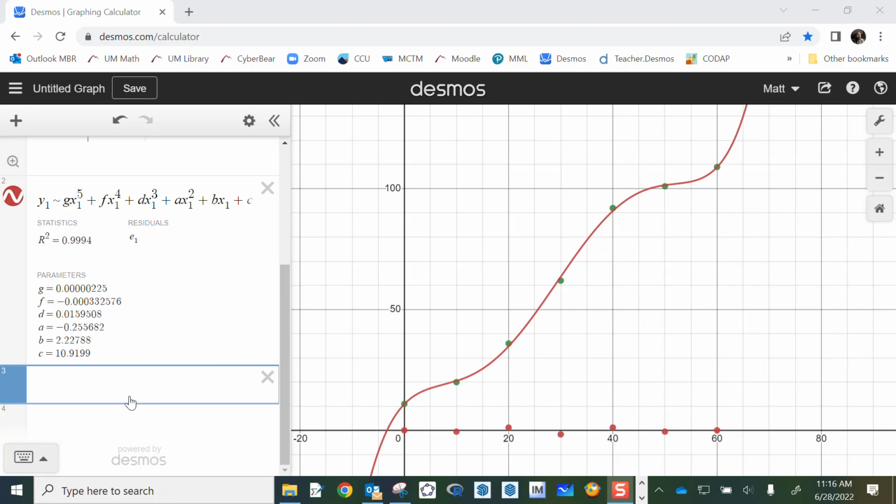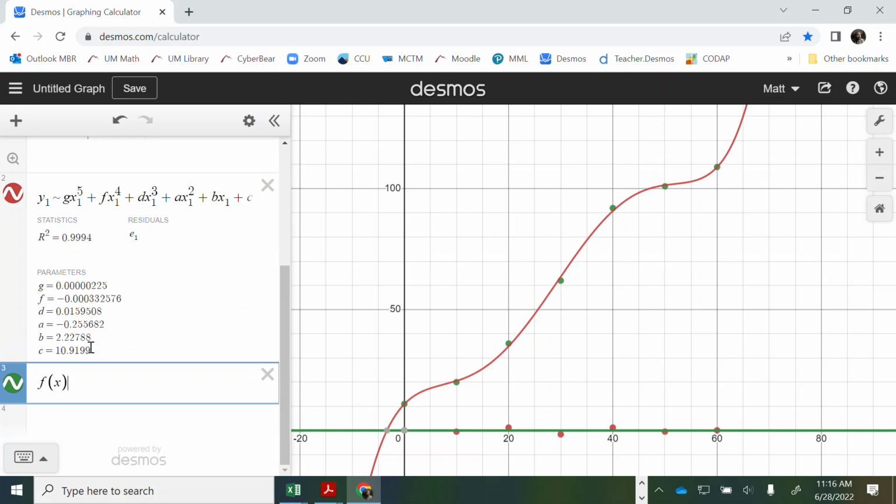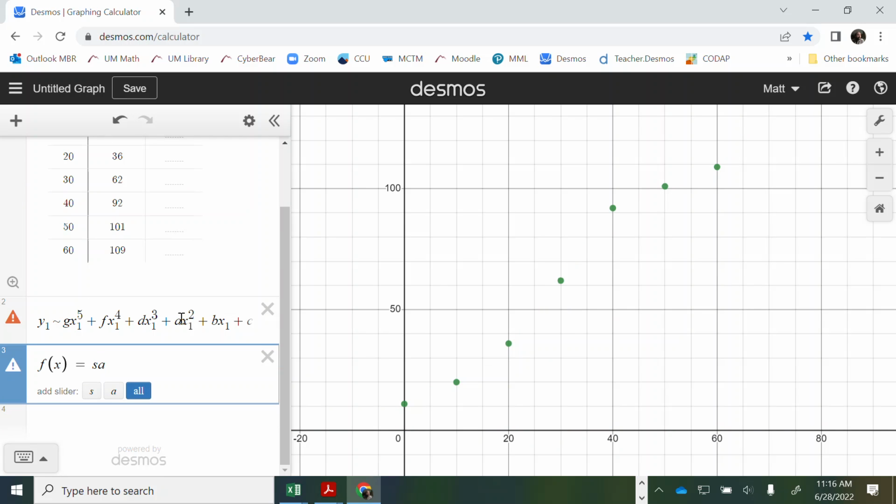Well, I just caught myself making a mistake there, sorry. If you type in f of x here, which is what I was doing, it will make the model no longer available. It says f is a function, try using parentheses.